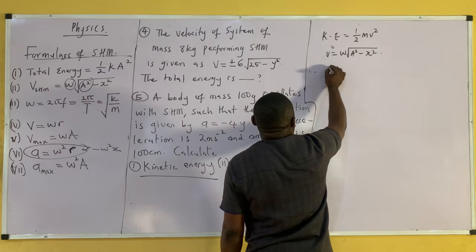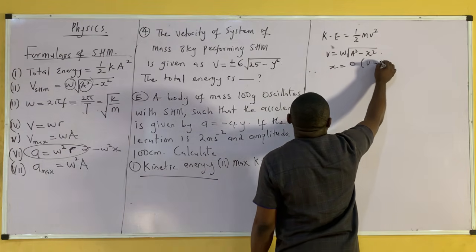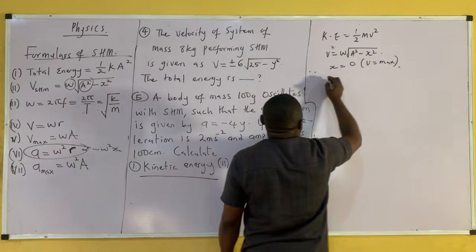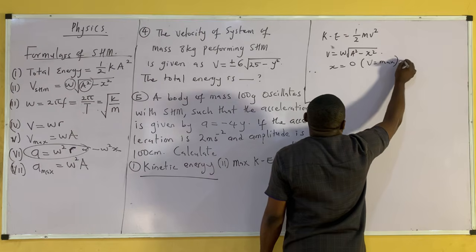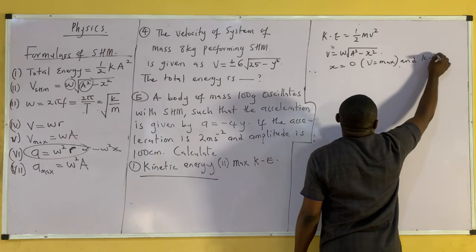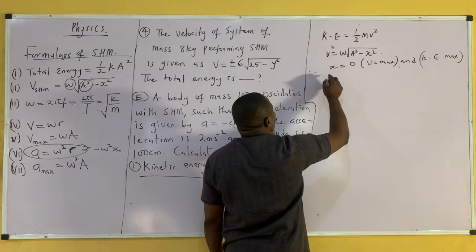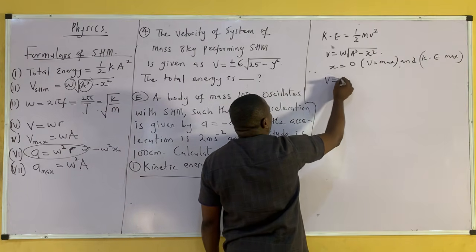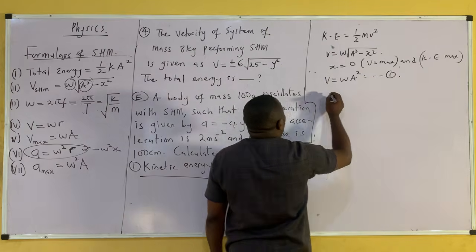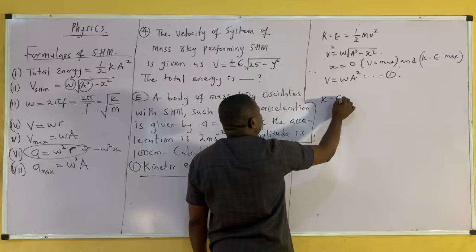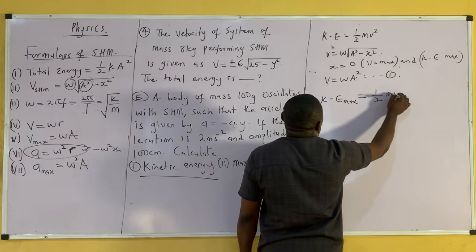So we now have x equals 0 for v to be maximum and KE to be maximum. Take note of these two. If x is 0, v will be equal to wA. So this is the formula for v. So now I will say maximum kinetic energy is equal to 1 over 2 mv squared.